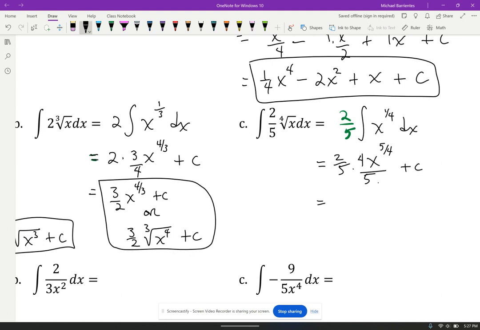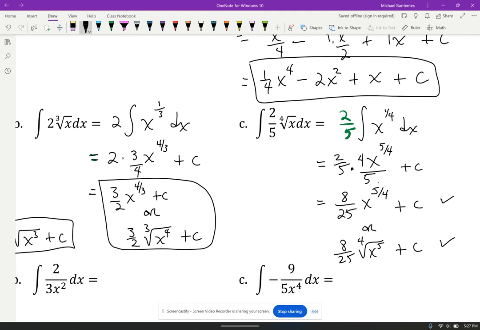When I put it together, there should be a multiplication symbol here. When I multiply these two together, I'll get 8/25 x to the 5/4 plus c, and that would be my answer. Or 8/25 the 4th root of x to the 5th plus c. Both of those are my antiderivative.